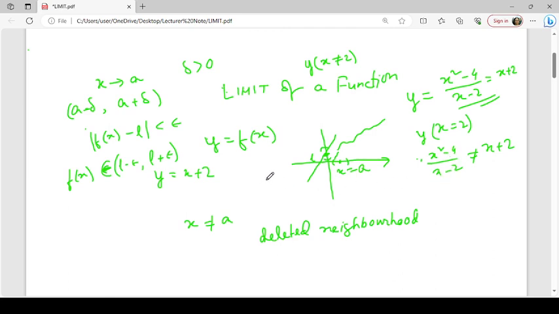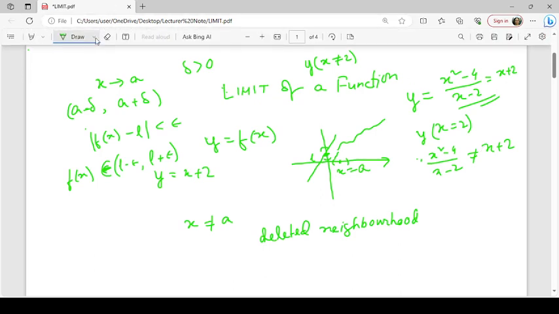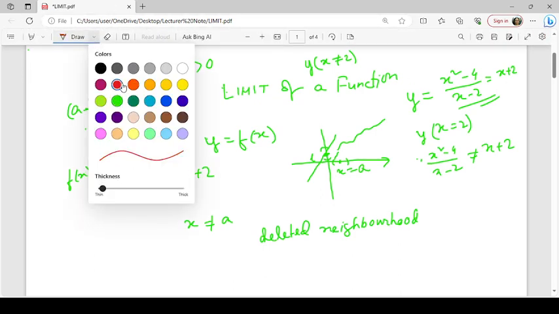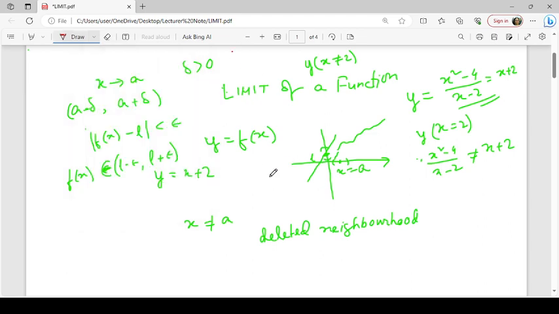So if we draw the graph, for this we see x, this is the point, say x equal to 2, then this is the point where we know x is equal to 2, it is 4, y is equal to 4.